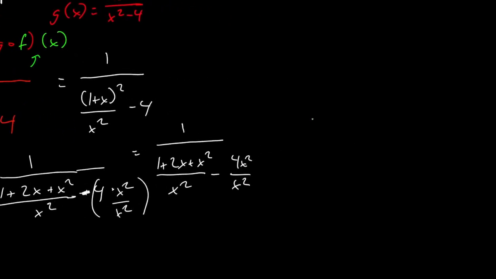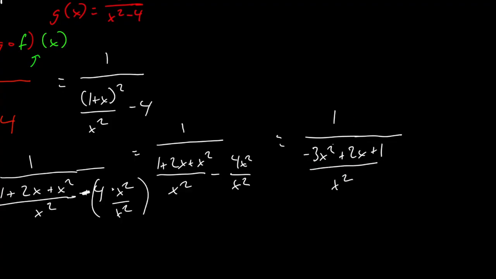And here we go, 1 over negative 3x squared plus 2x plus 1 all over x squared.